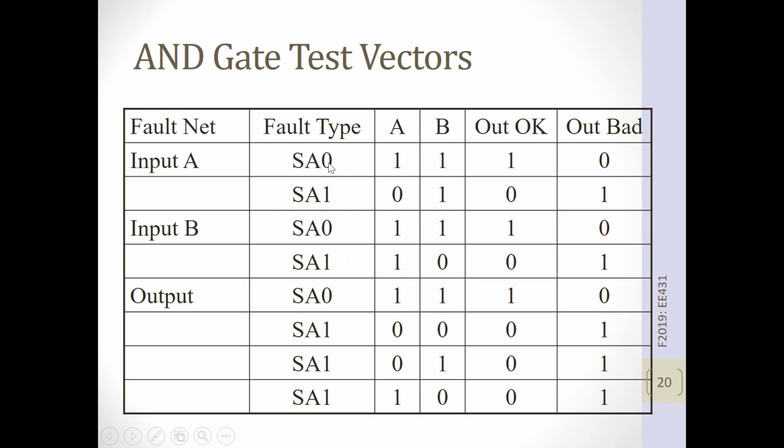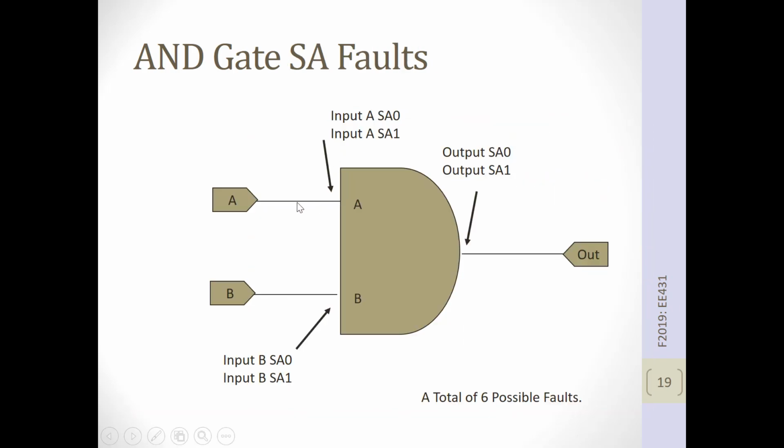If I'm looking at a stuck at 0 fault on A, I need to put a 1 on here, and I need to put a value on B which will tell me if A is wrong.